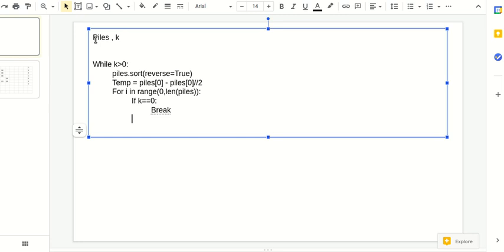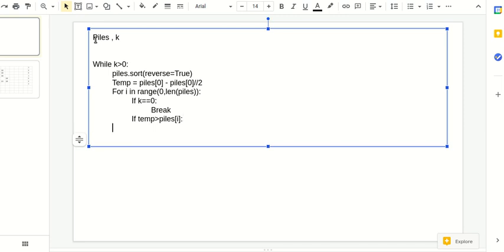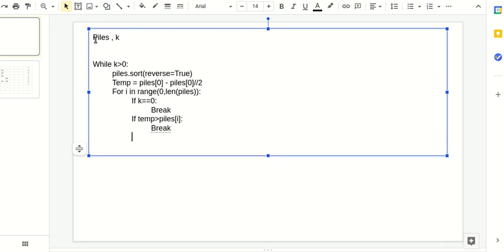And what else will we check? Now we will check if temp is greater than piles[i], then also we will break out. These two cases will break out.